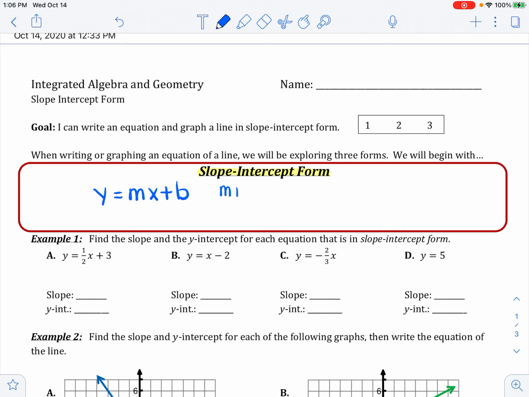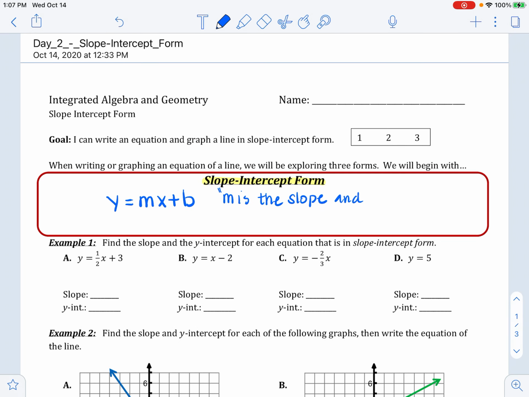We need to know that m is the slope, and b is the y value of the y-intercept. I'm not going to say b is the y-intercept, because y-intercepts are points: (0, b). So if your y-intercept is (0, 5), then this number is going to be 5 right here.